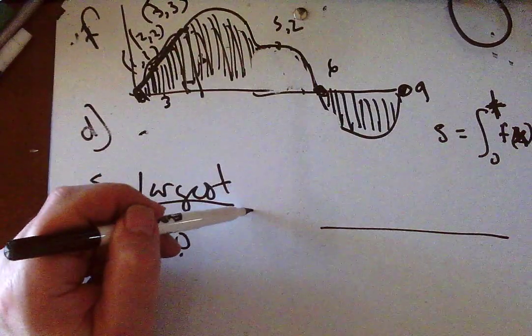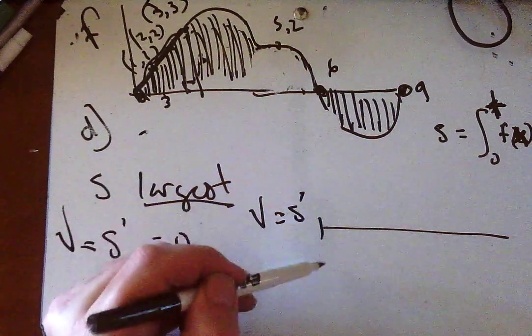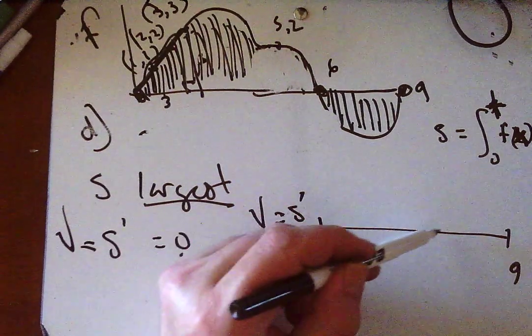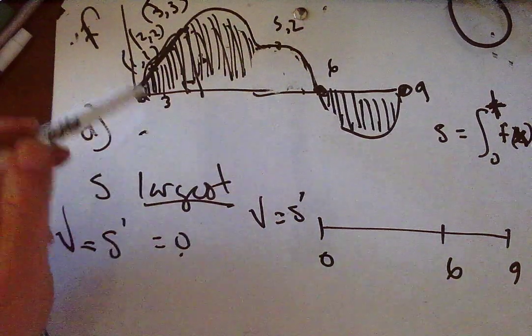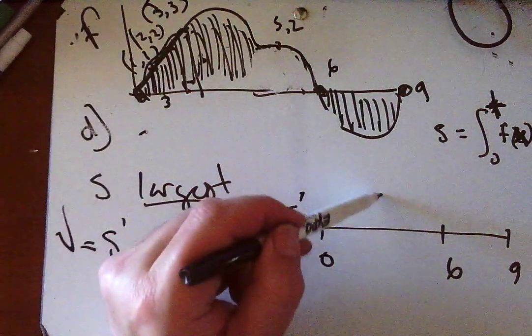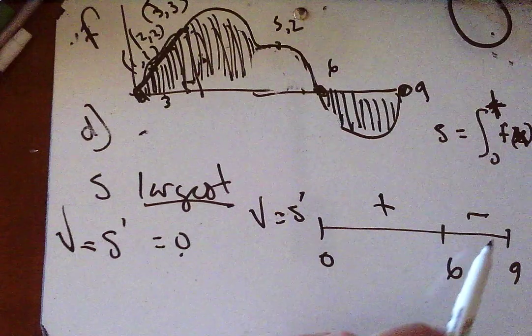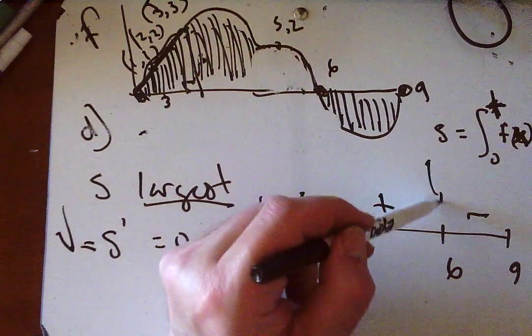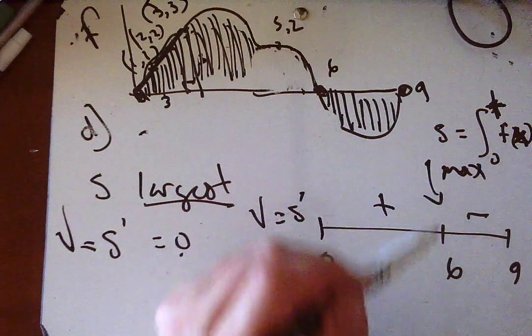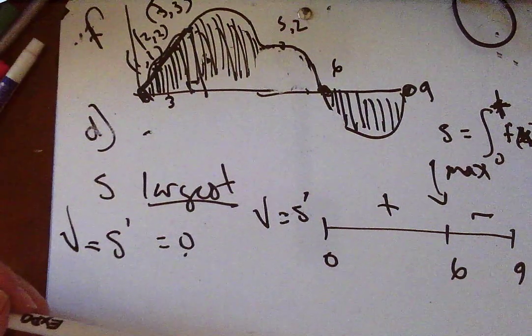And if I'm looking at V equals S prime, and I've got 6 here, I see V is positive and then V is negative, and so I know that my max occurs here at t equal to 6.